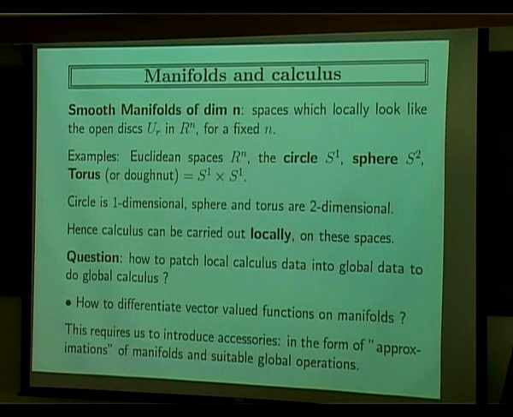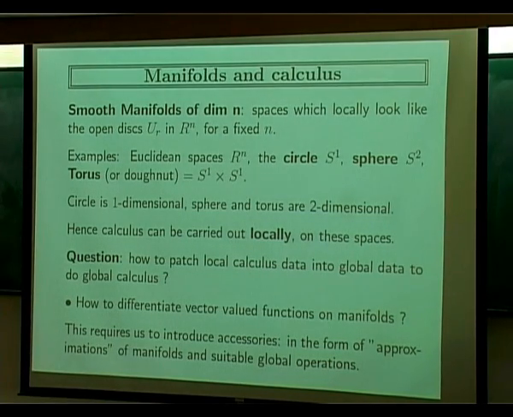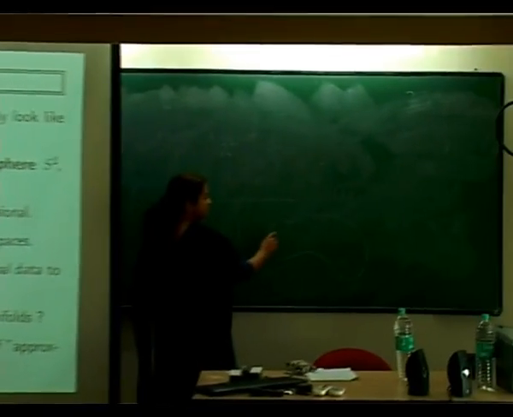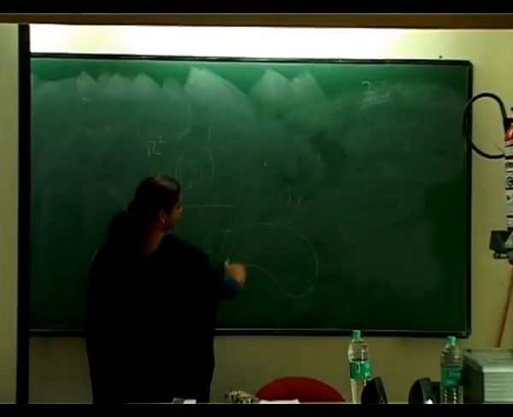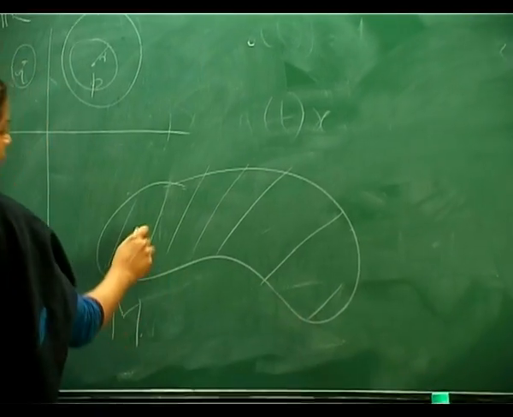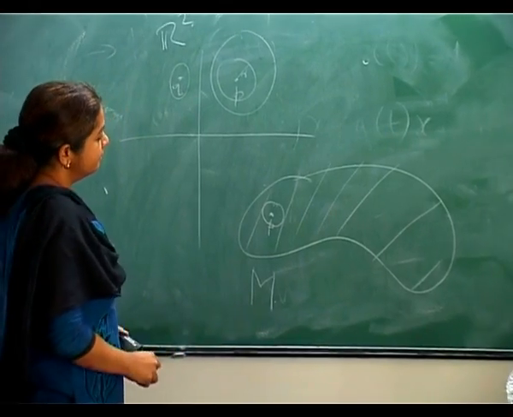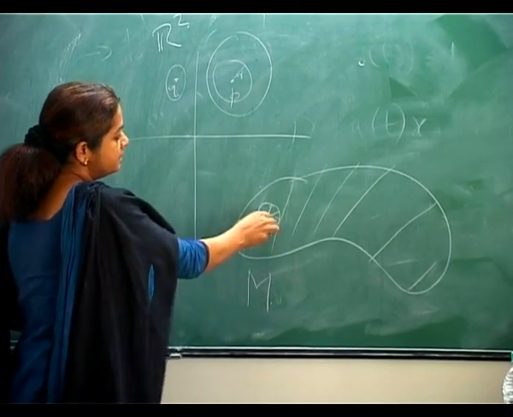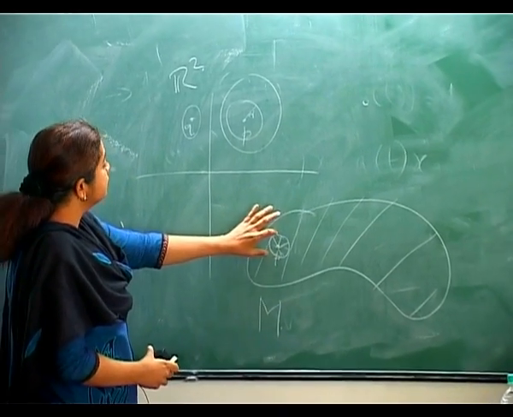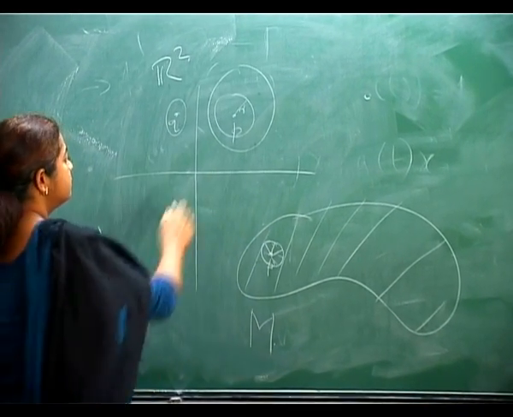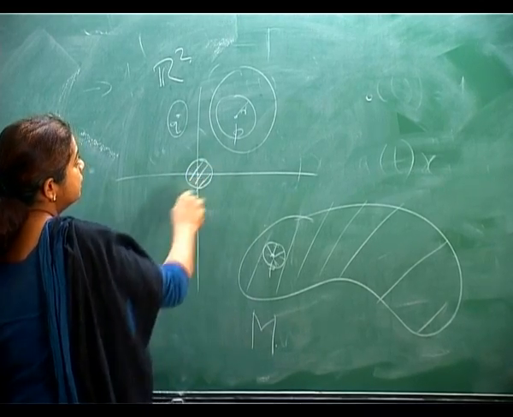This we can do only if we know that your manifold or topological space locally looks like Euclidean space. Suppose I have a topological space in this manner, call it M. I look at any point on M, and I can always find some open subset, whatever the radius, an open ball, and this can be realized as an open disk in R2.